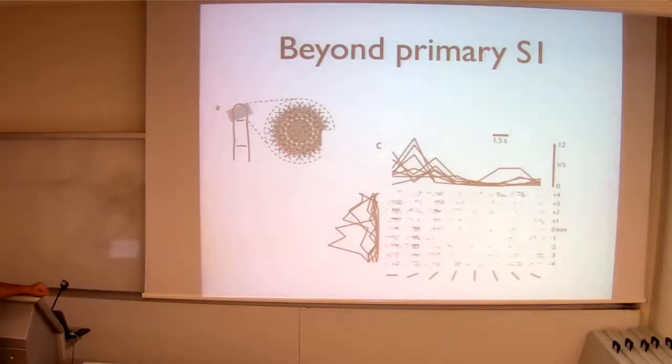This is an example where you put some grid on the finger and you test for both orientation and intensity, so how strongly you push towards the finger, and also location. So this is central location, and then you move it to different areas relative to the center, and then you can also twist it around.